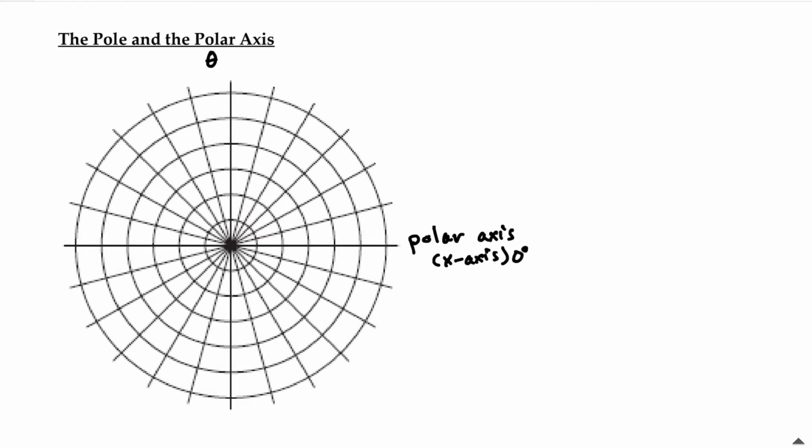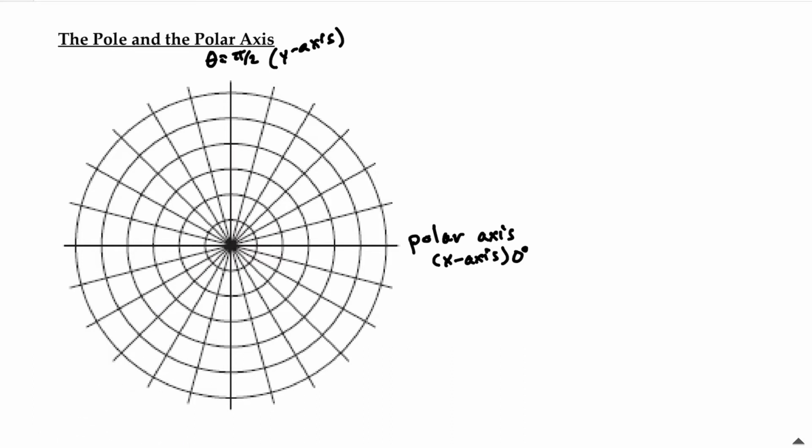Then we have the line theta equals pi over 2, which is representing the y-axis, and of course is just 90 degrees. And then we also have the center point. So note the center, the origin, is now called the pole. So this gives us a representation of how to draw coordinates in.